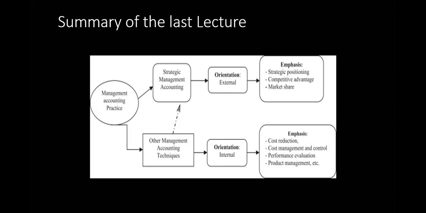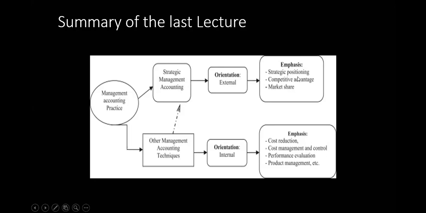So you need to provide information on those two areas also, in addition to the internal orientation. There, of course, we focus on cost reduction, cost management, cost control, performance evaluation, product management, etc. In the outside, we focus on strategic positioning.